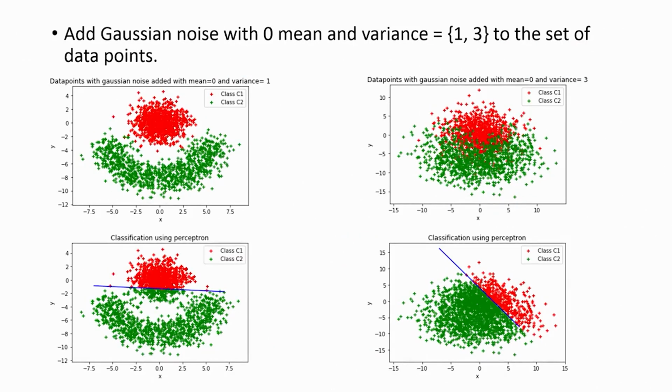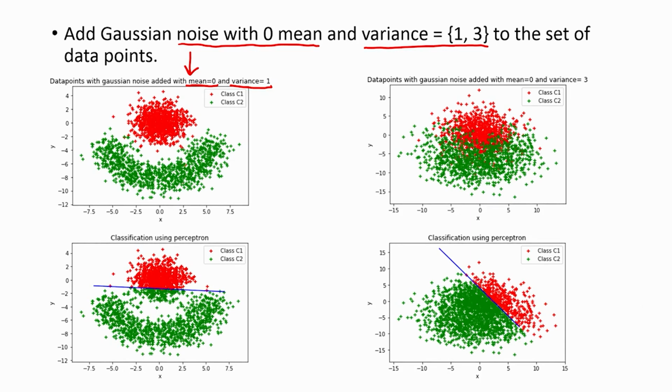Now, let us add Gaussian noise to both of the clusters or classes. For each class we add Gaussian noise with mean 0 and variance ranging from 1 to 3. In the first case that we see here, we have added noise with mean 0 and variance 1. We see that the data is very noisy and the data has become not linearly separable.